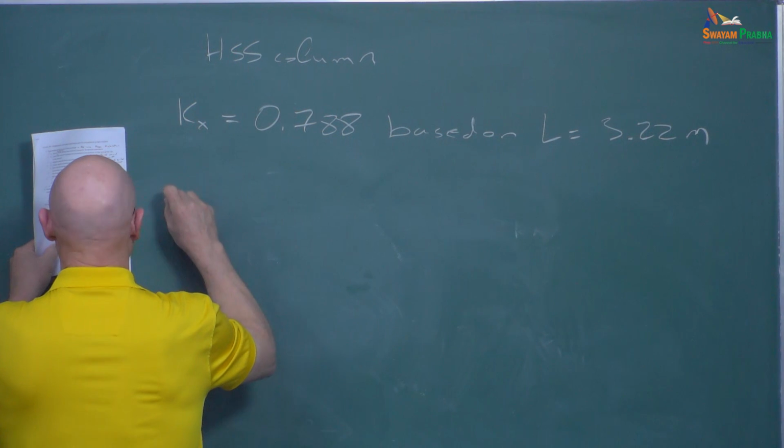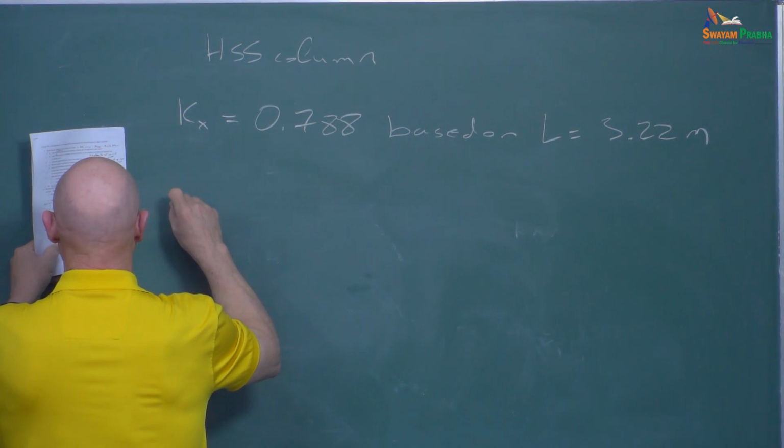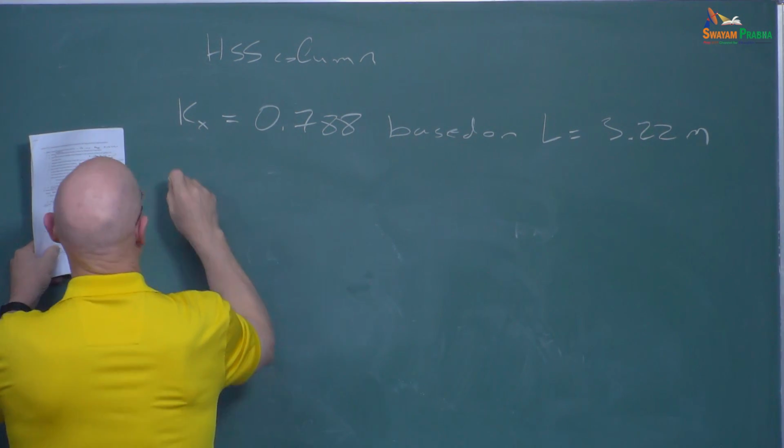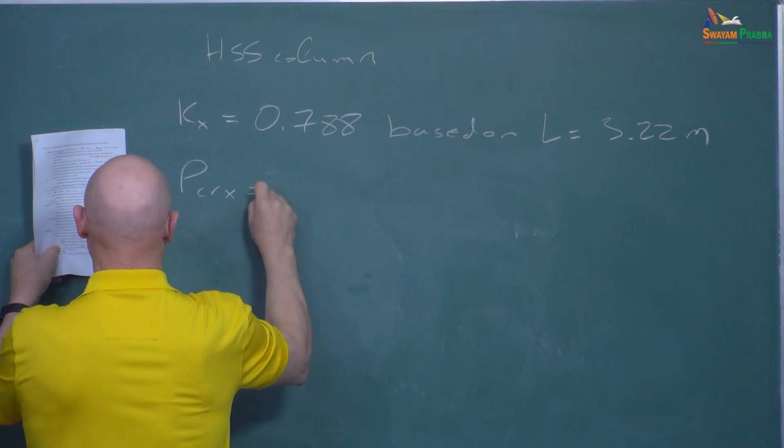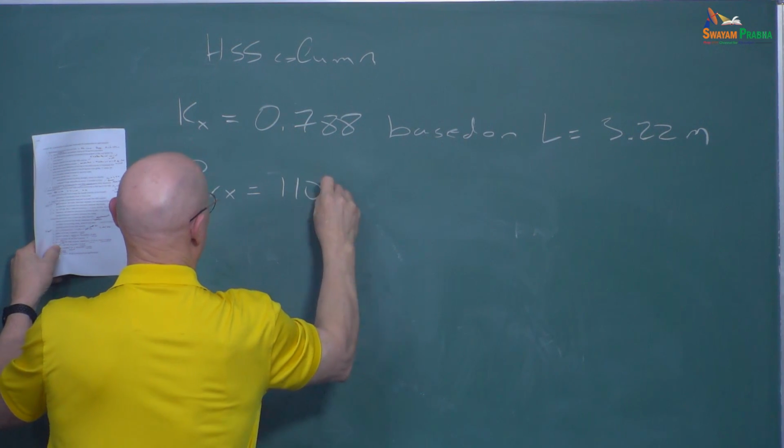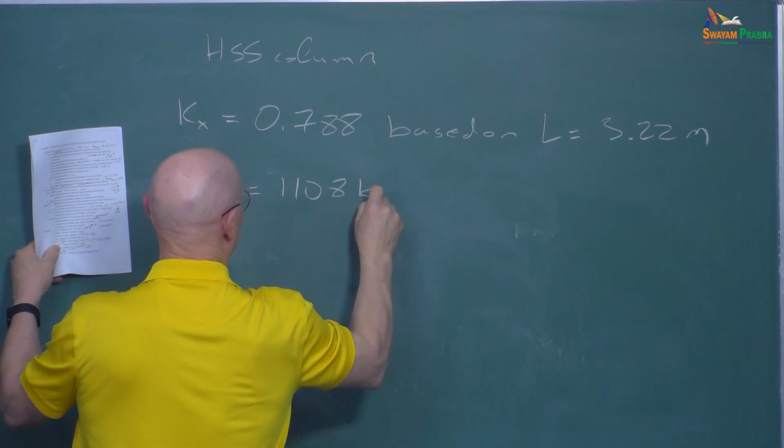And so here from the solution, for our loading that we have, the P critical X is 11,008 kilonewtons.